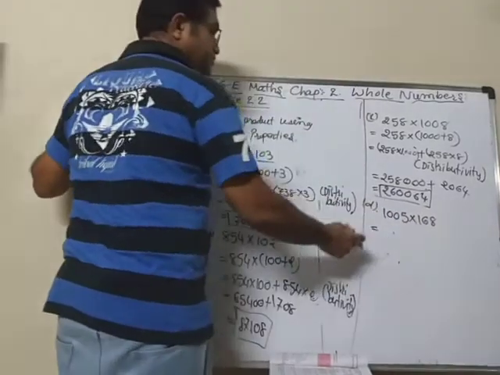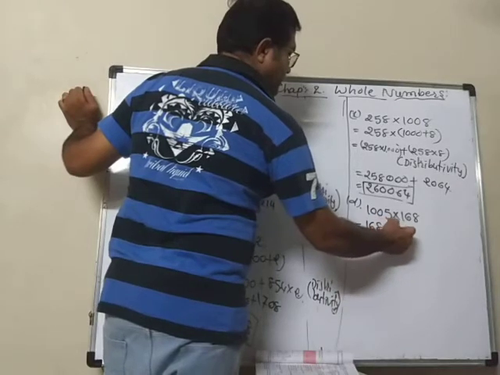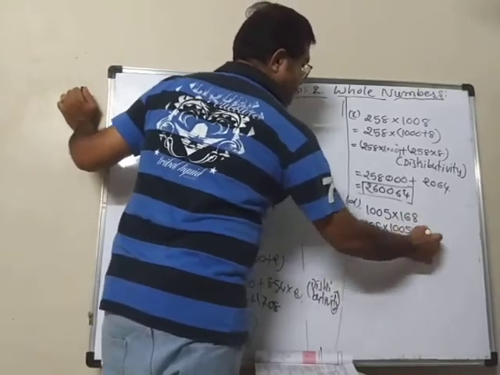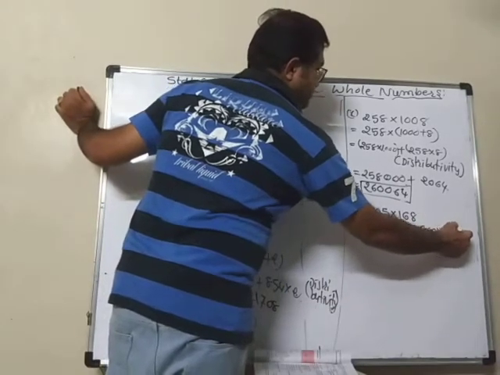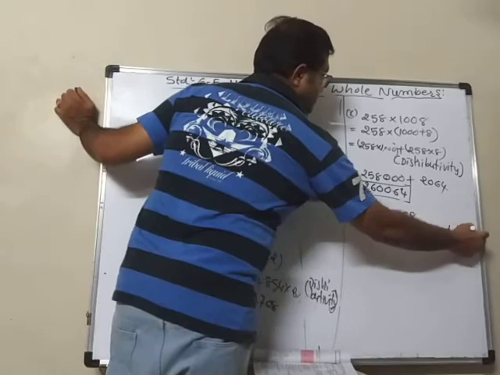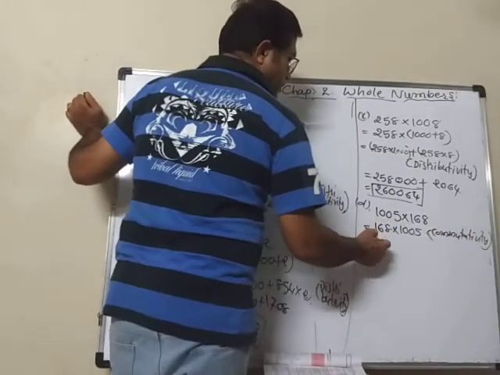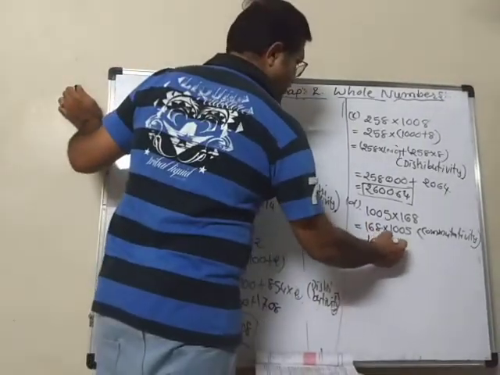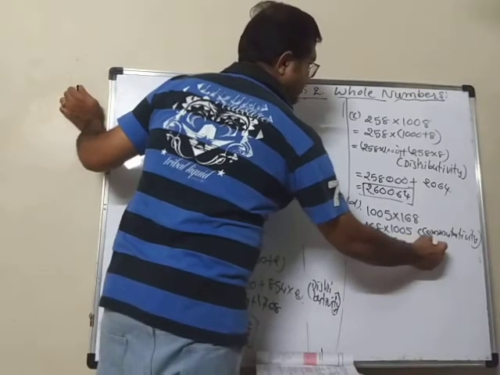So here also we can turn it around, 168 multiplied by 1005, by commutativity, because we use the distributivity property, and then we need that number in the front. So now 1005 will be split into 1000 plus 5.